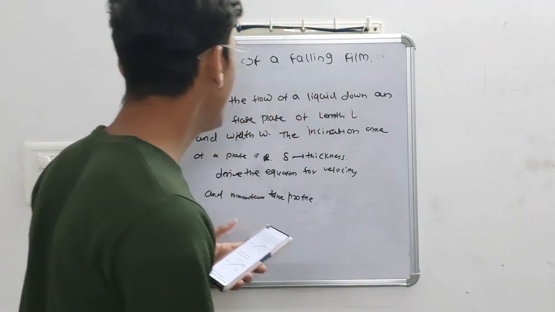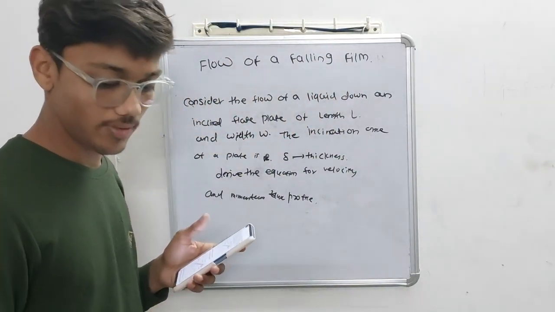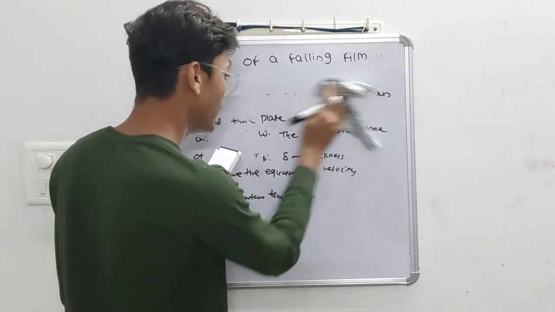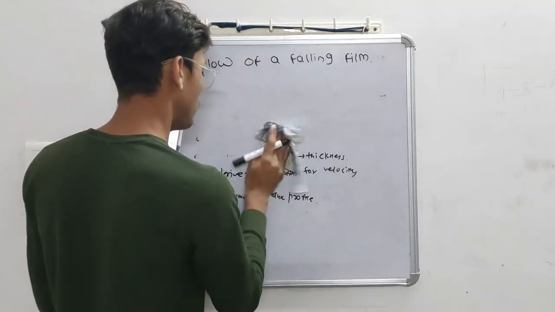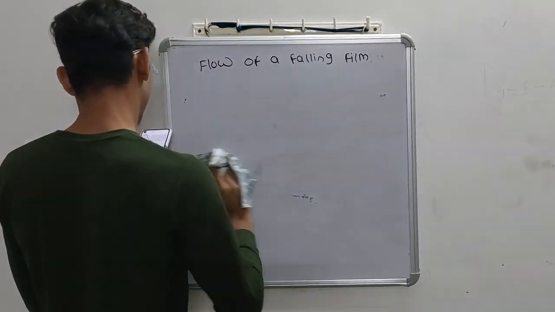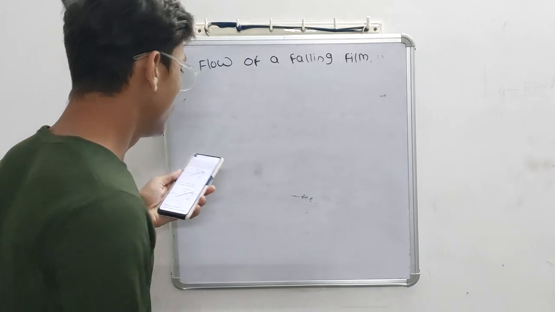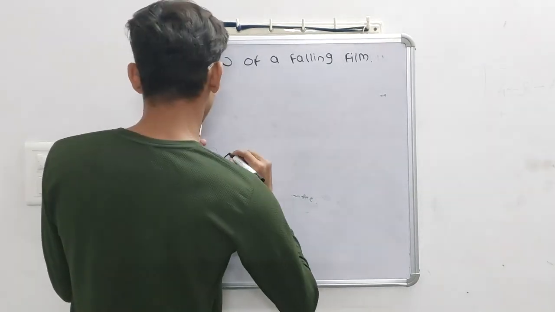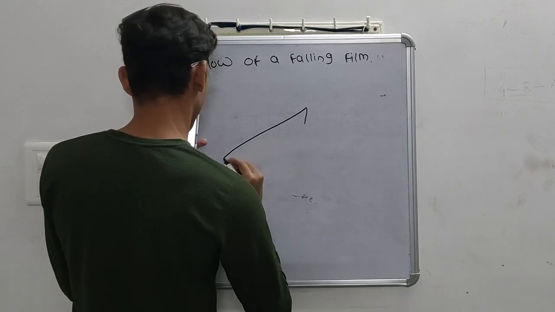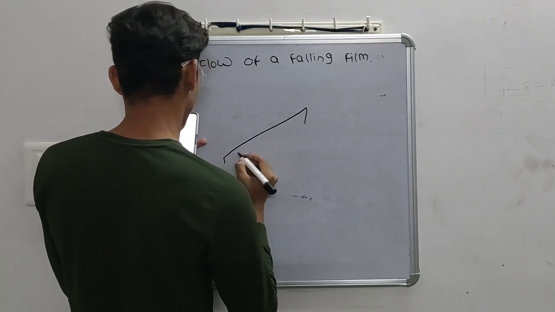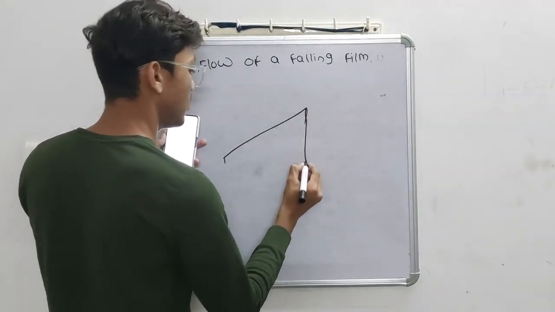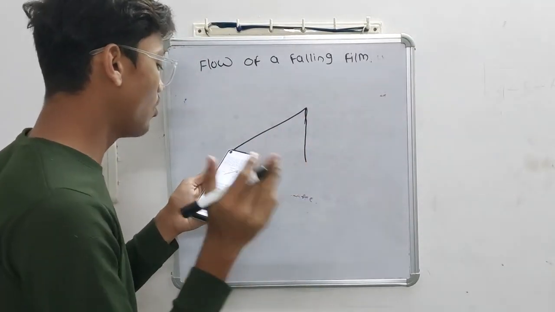So, we are making the diagram of this question. We have a plate. This is the plate, and this is the inclination of the plate.